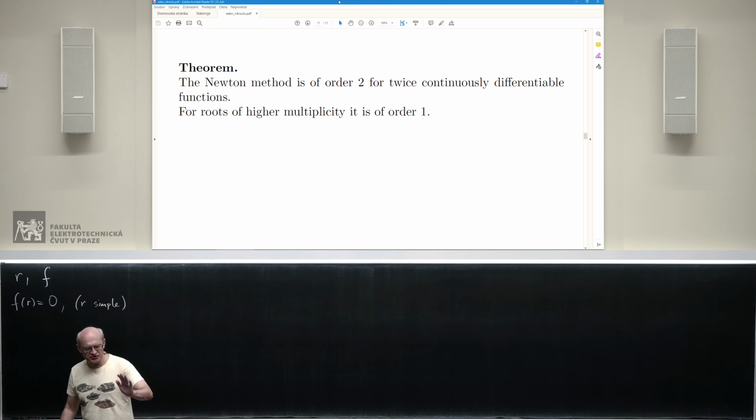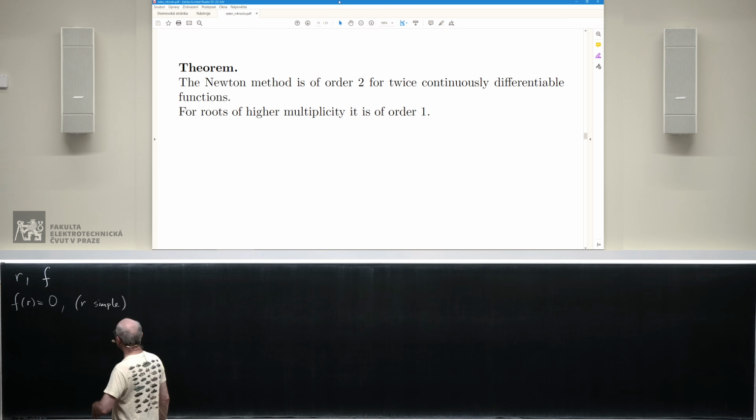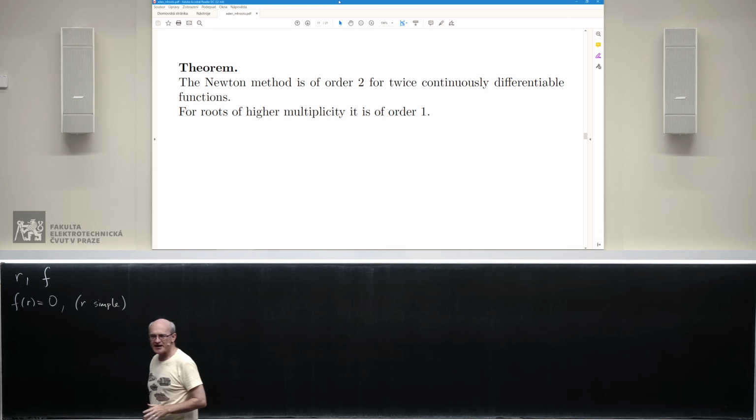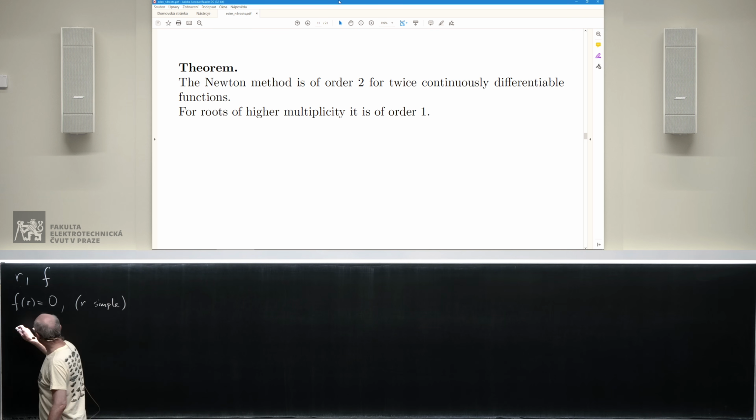Then we say that we only check it for functions which are twice continuously differentiable. So there must be some neighborhood of this r, of this root, on which the function f has derivative of order 2, which is continuous, and also of order 1. We can write it like that. f belongs to C2 of some neighborhood of r.